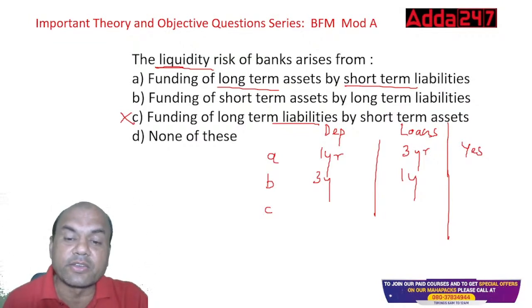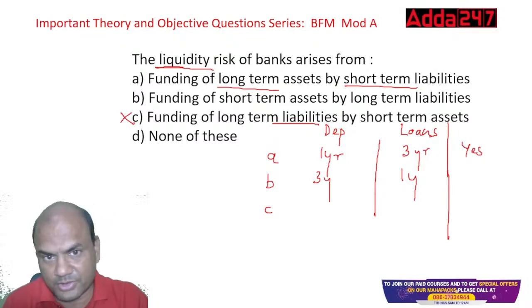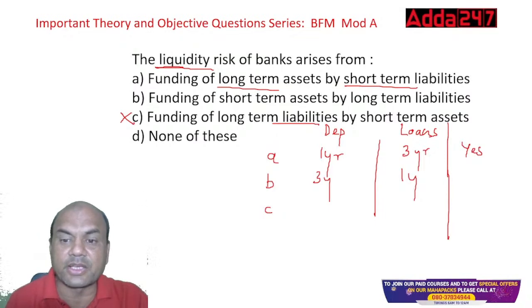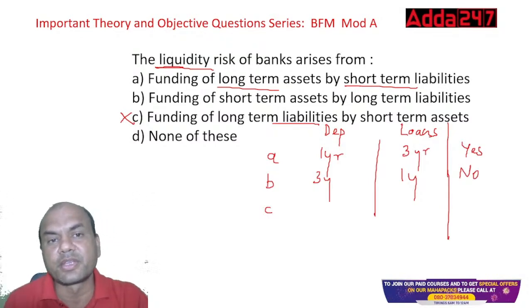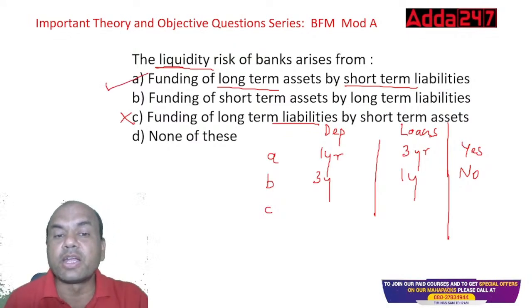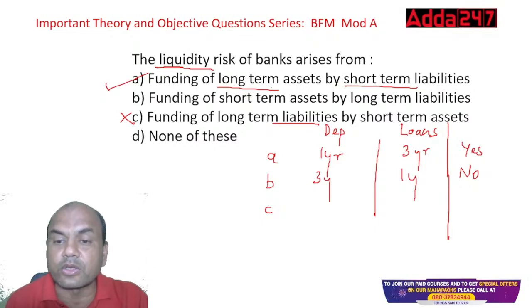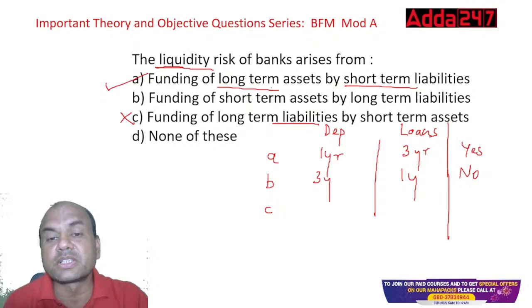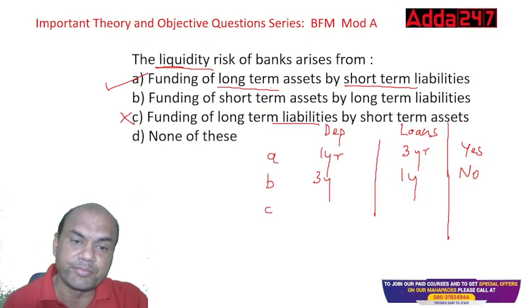If this person has given me a deposit of 3 years, he will come after 3 years, but the borrower will pay me after 1 year. So I won't have any liquidity problem, because whenever the depositor comes, I can repay. So the answer is A: funding of long-term assets by short-term liabilities. This is the basic logic on which this question depends, and such questions are asked in the exam. Remember. Move on.